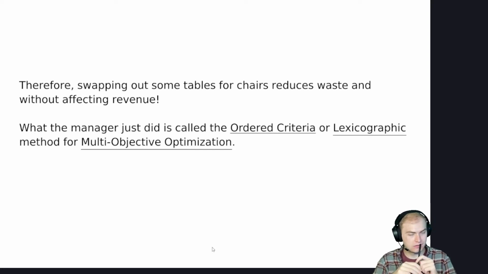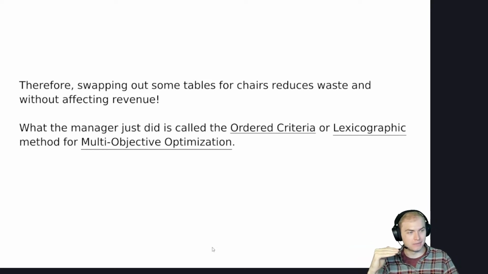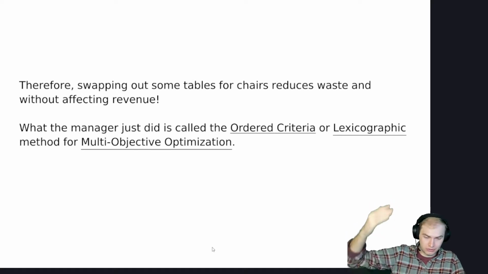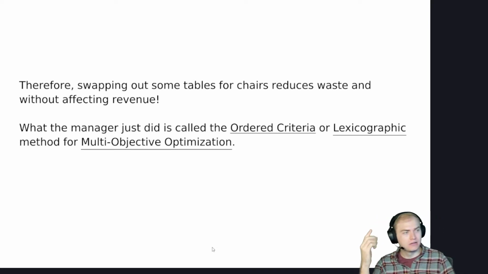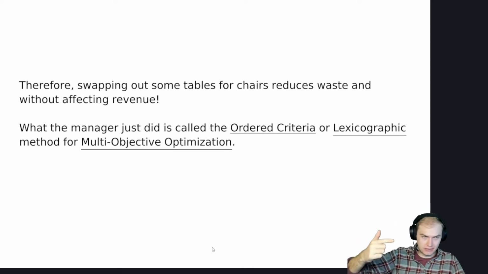This system is called the ordered criterion method or the lexicographic method. It just means that we have some list of objective functions that we care about, and it's an ordered list: we care about one more than we care about two, more than we care about three, etc. Every time there's a tie in our first objective, then we consider our second objective.